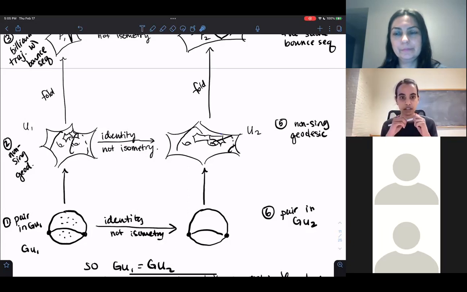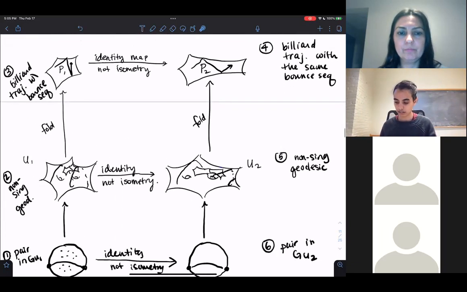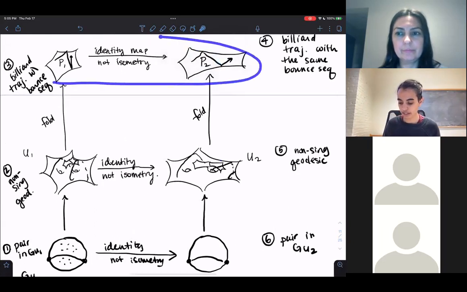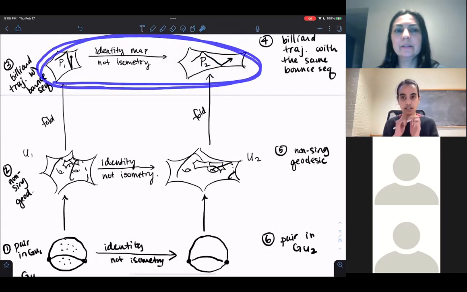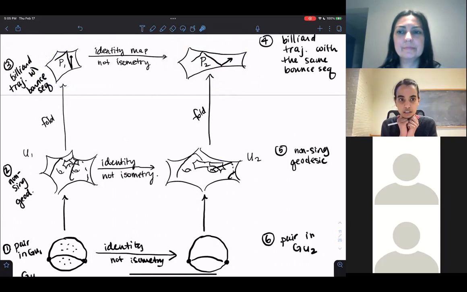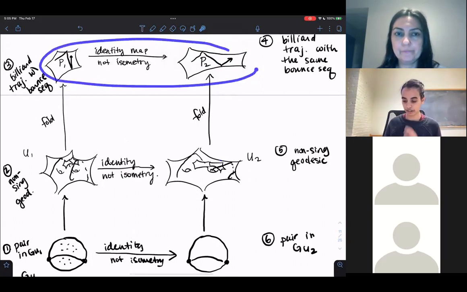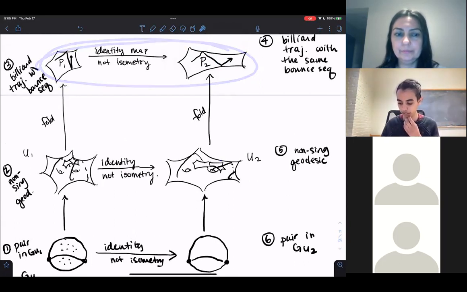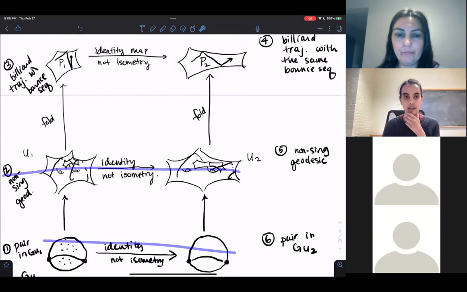I got confused. You have this in the middle, identity, not isometry. They are different objects. What do you mean identity map? Okay, let's start here, and then we'll come to the other levels later.